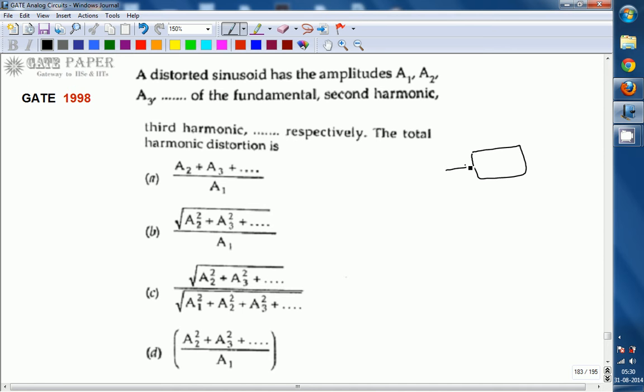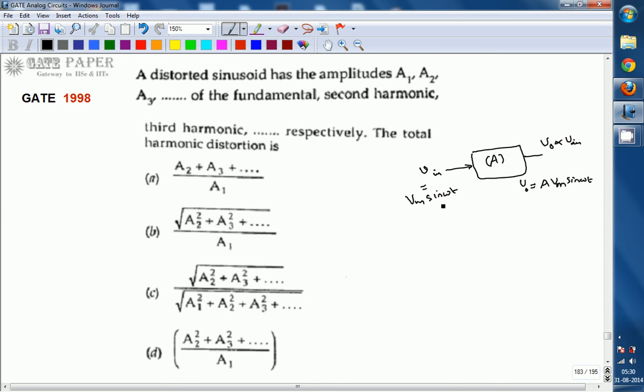For a circuit, if you are applying an input signal which is a sinusoidal signal, Vin, which is nothing but Vm sin omega t, and the circuit has a gain of A, then V0 is proportional to Vin, that is V0 is equal to A times Vm sin omega t.